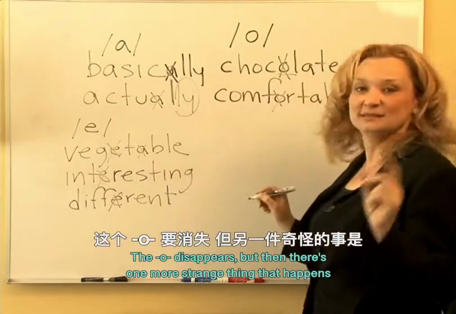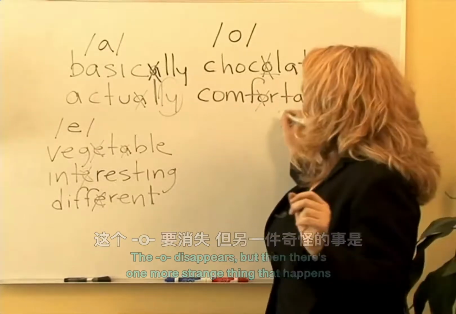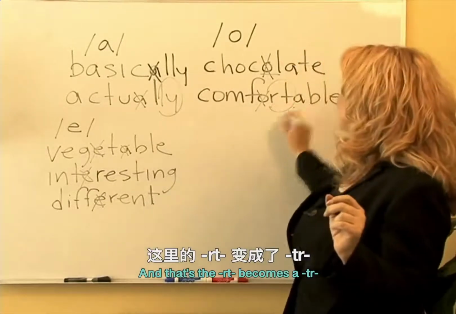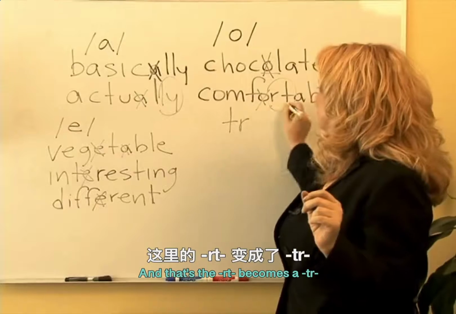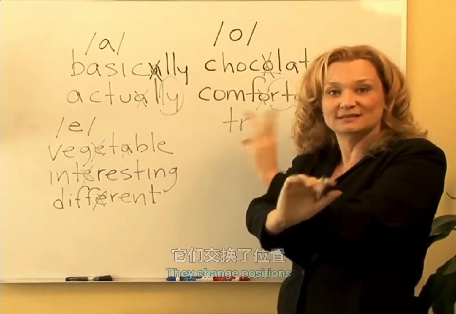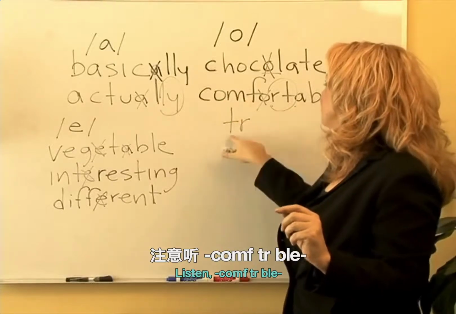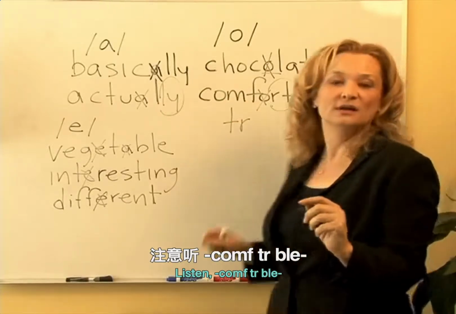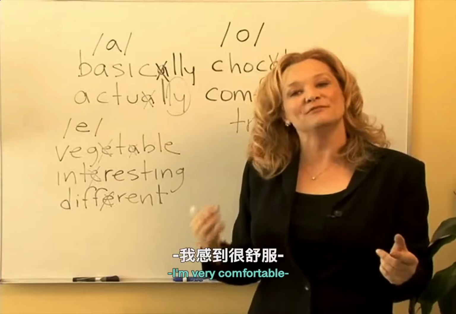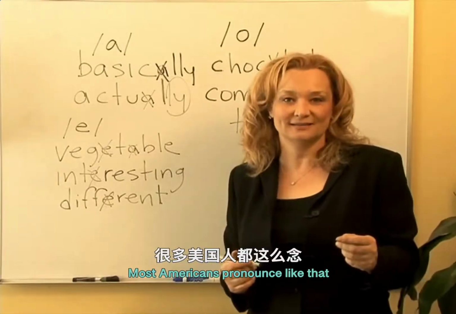The O disappears, but then there's one more very strange thing that happens, and that's the RT becomes a TR. They change positions. Listen. Comfortable. I'm very comfortable. Most Americans pronounce it like that.